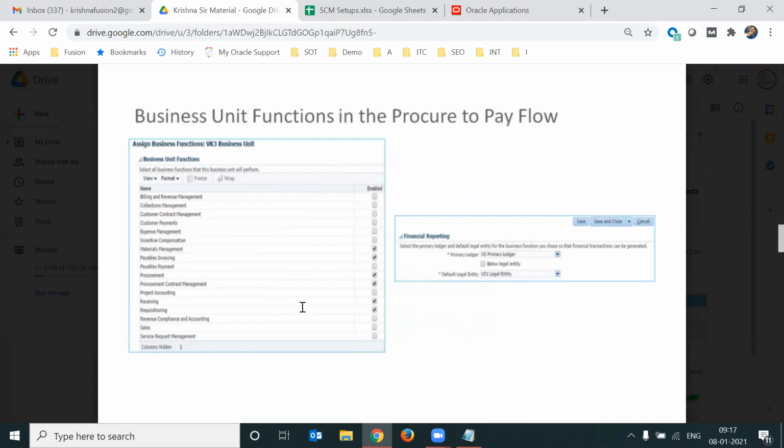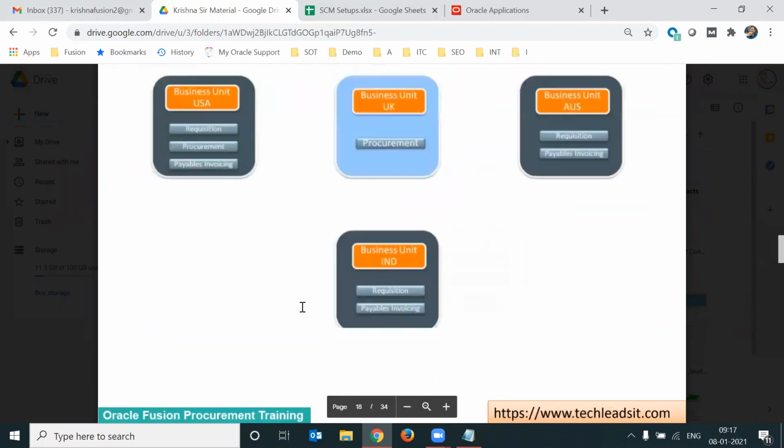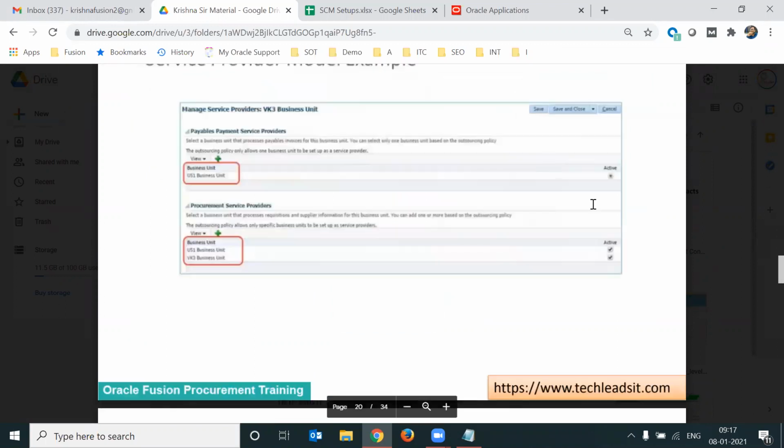And how can we tweak these business functions, or what sort of configurations or setups have to be done to achieve these kinds of models? I'll explain in tomorrow's session.